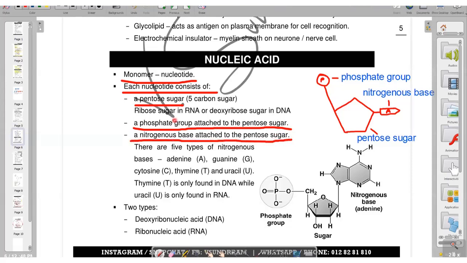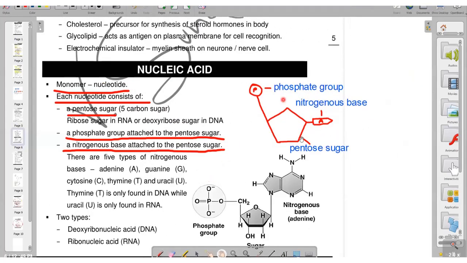Ribose, deoxyribose, I haven't explained. For now, you know a nucleotide has a pentose sugar, phosphate group, nitrogenous base, and how to draw them. This is how you draw them. Any question? If you have a question, you can ask me in the chat group. If you have no question, just press the no button so I can move to the next explanation.